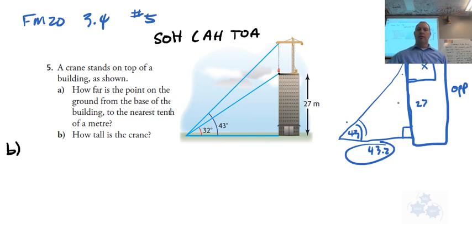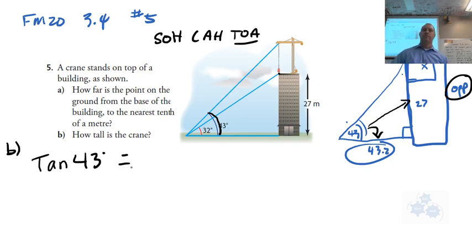So given this, what is the trig function I want to use if I'm dealing with opposite side and adjacent side? Opposite, adjacent, same, tan, right? So let's say tan of, what's this angle here, this big triangle? It's 43 degrees equals, now opposite side is actually 27 plus x.